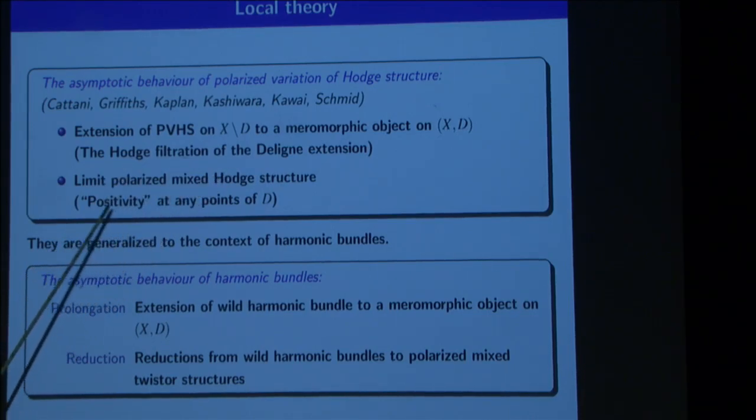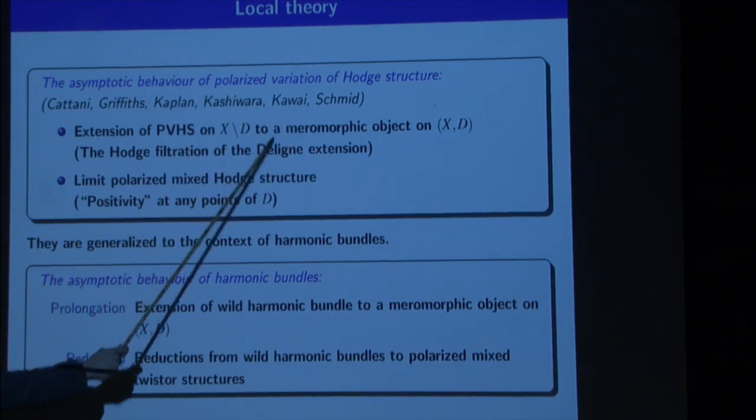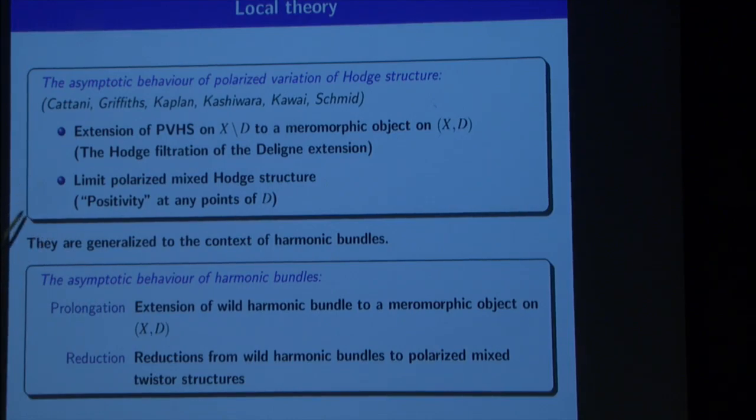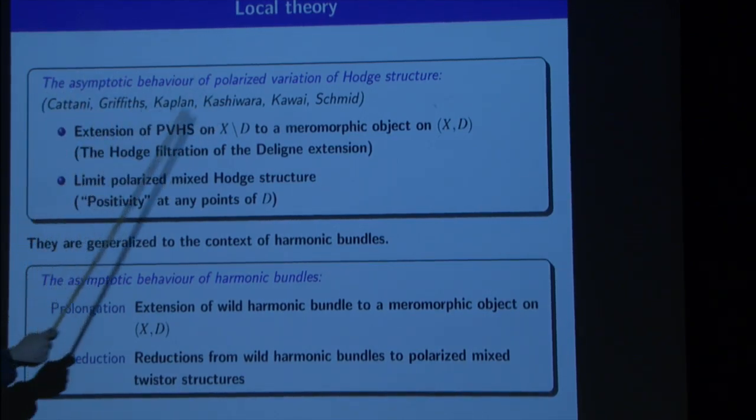The existence of a limit polarized mixed Hodge structure ensures the meromorphic object has very nice properties along the hypersurface D. So these steps are very important, for instance in the application of the study of asymptotic behavior of polarized variations of Hodge structure to the theory of mixed Hodge structures.